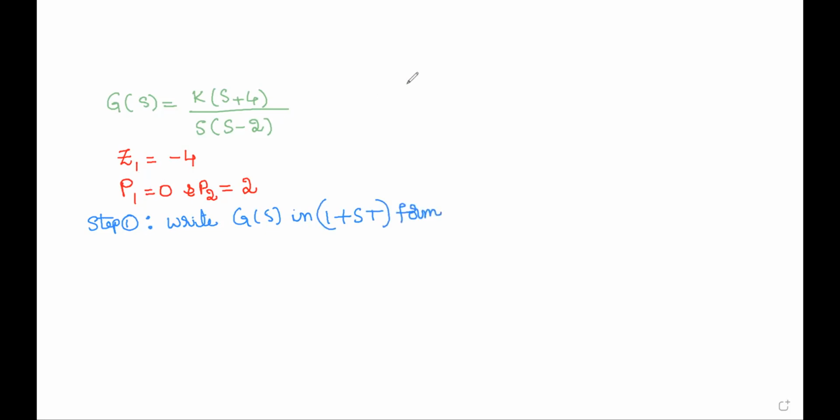Okay. So now the transfer function can be written as G(s) equal to, take 4 common in the numerator part. So 4K into (1 plus 0.25s) by, in the denominator part, take 2 common. So 2 into s and this becomes (minus 1 plus 0.5s).